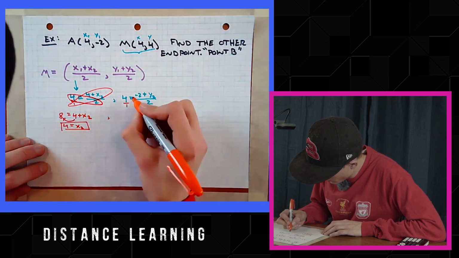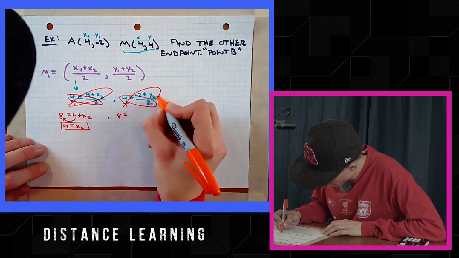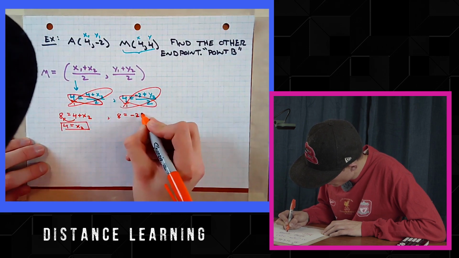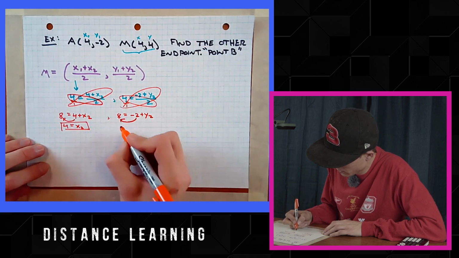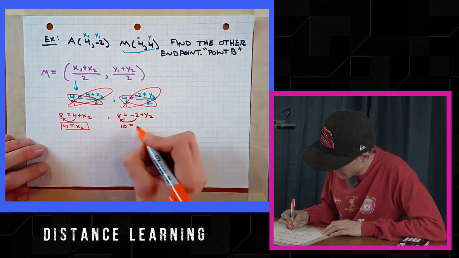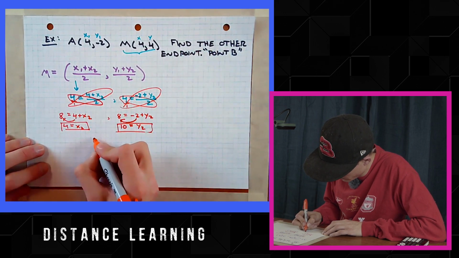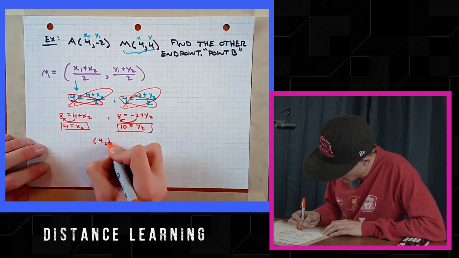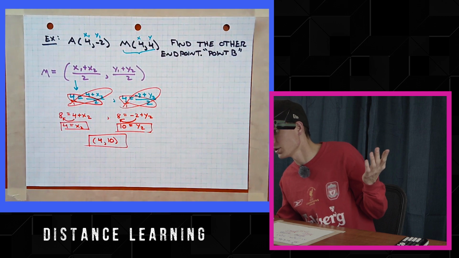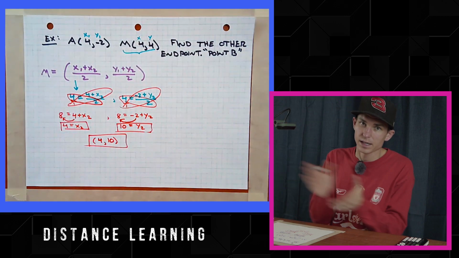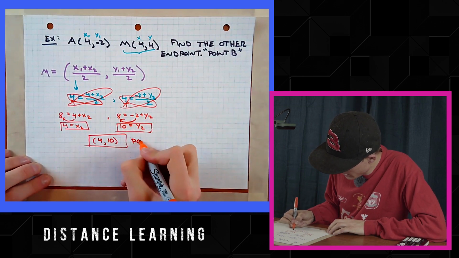And then I'm going to cross multiply here. 8 equals -2 plus y2. I need to add 2 this time to solve. So I'm going to get 10 equals y2. So what's the end point? Well, it's my x-coordinate, comma, my y-coordinate. And I'm going to check my answer to always make sure that I'm right, because you don't want to build bad habits. I didn't. Good job, teacher. And that's point B.